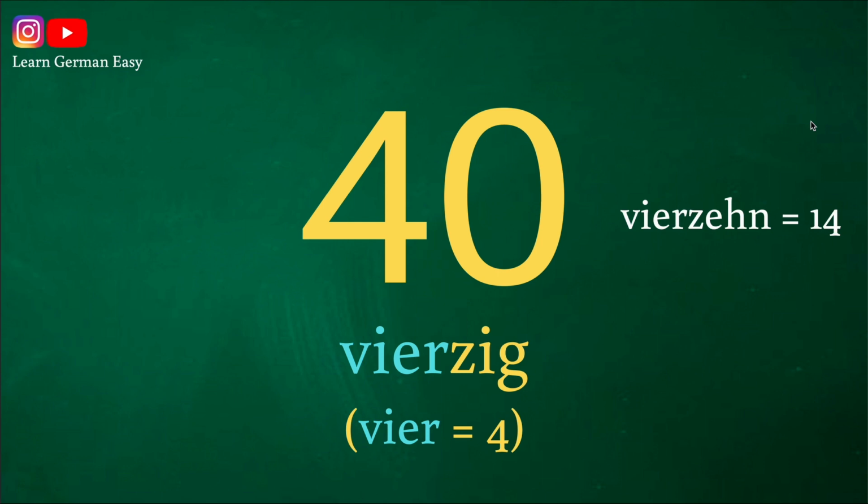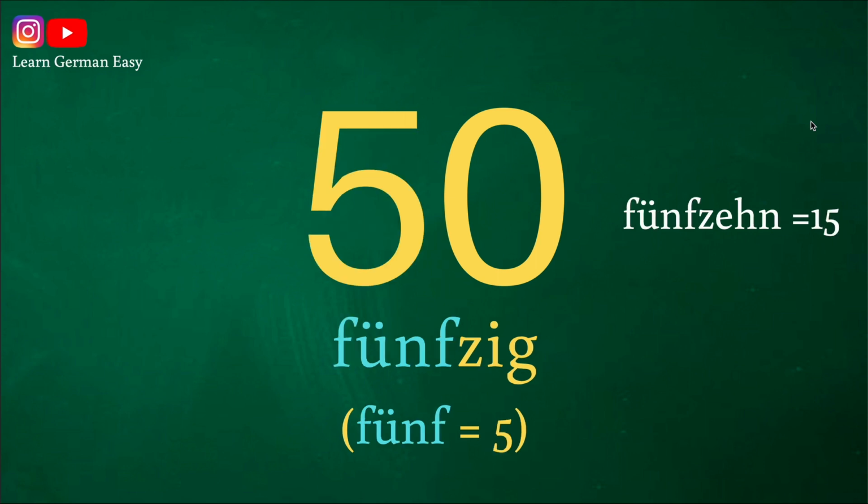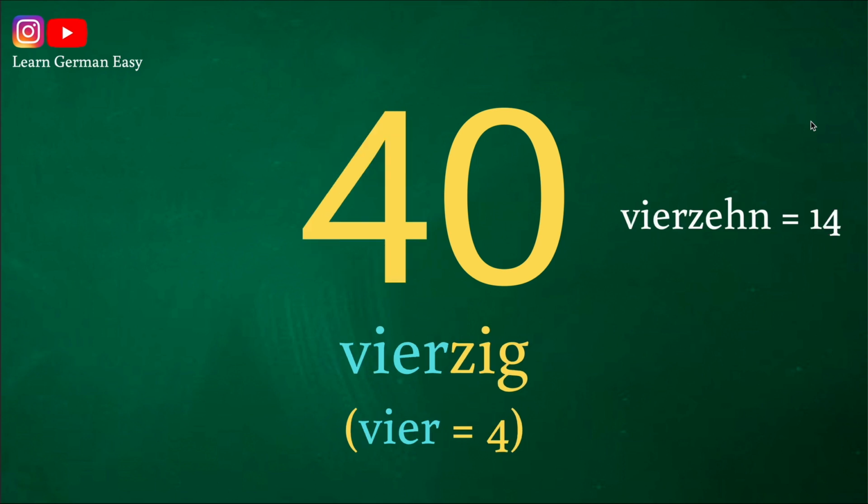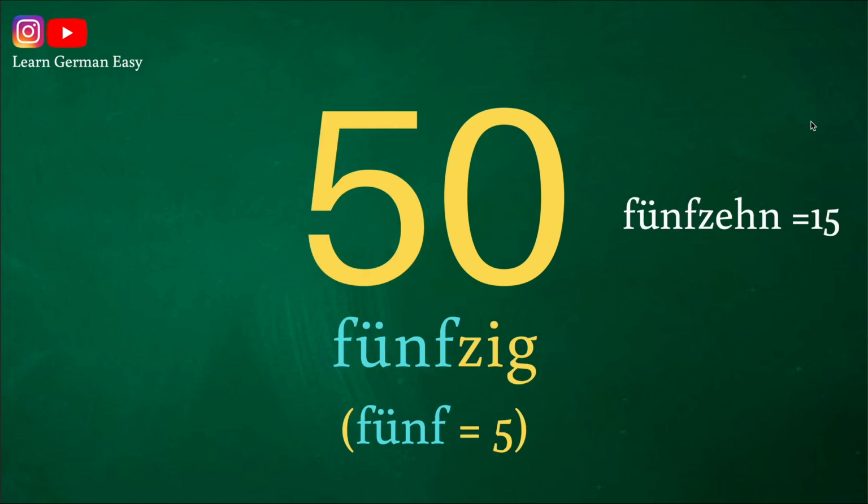Now, 40 in German is vierzig. Similar to the number 14. Please do not forget that 14 is vierzehn and 40 is vierzig. Now, let's just take a look at the tens, because the system will always be the same. You always start with a smaller number, then you go on with the und and then with the tens, okay? So 40 is vierzig. 50 is fünfzig. Also similar to the number 15, which is fünfzehn.